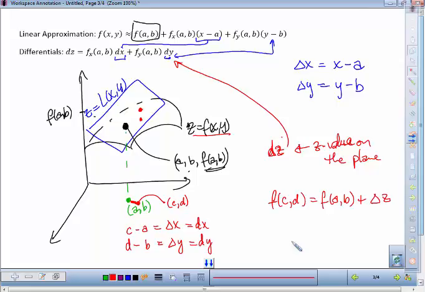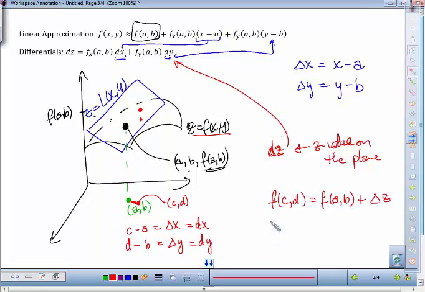The f of AB, yeah. Oh, wait a minute. Ernst? So dz represents a change in the linear approximation, and delta z represents a change in the actual function. Yeah, that's it. Thanks.